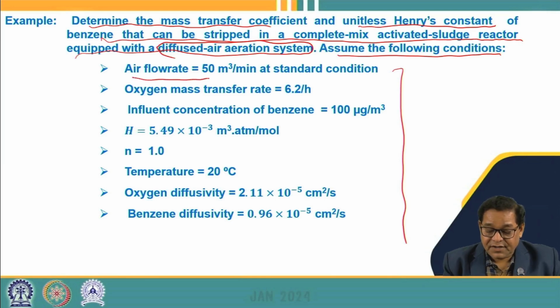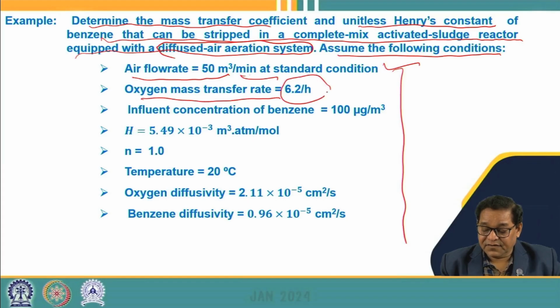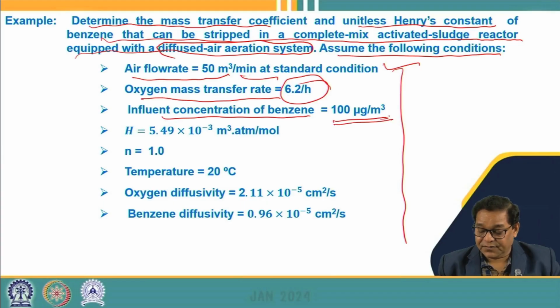The air flow rate is given as 50 meter cube per minute at standard temperature conditions, the oxygen mass transfer rate is given as 6.2 per hour, and the influent concentration of benzene is given as 100 microgram per meter cube. Similarly, Henry's constant is given as 5.49 into 10 raised to the power minus 3, with the unit meter cube atm per mole.